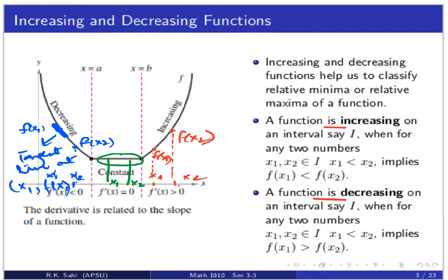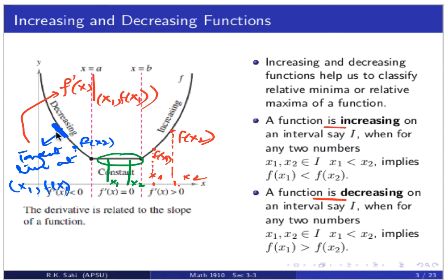Let me just remove all the extras I have here. Okay, so this is the point I'm drawing. So at this tangent line at the point x1 and f of x1, if you remember, the slope of this tangent line is given by f prime of x evaluated at the point x1.